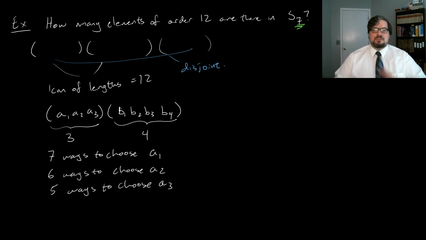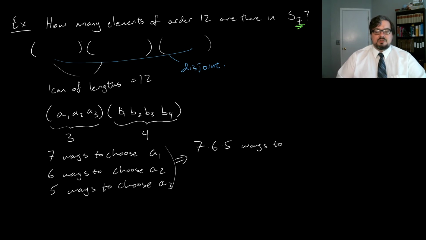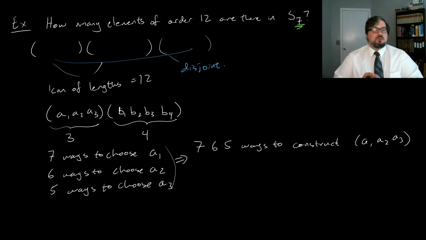So let's focus on the first cycle here. That means that it looks like we have 7 times 6 times 5 ways to construct A1, A2, A3. But actually we've overcounted here.